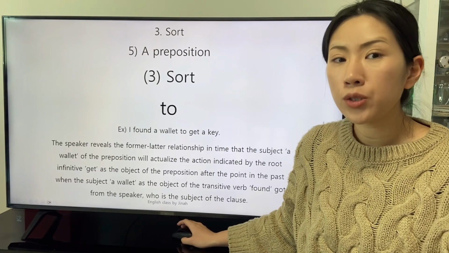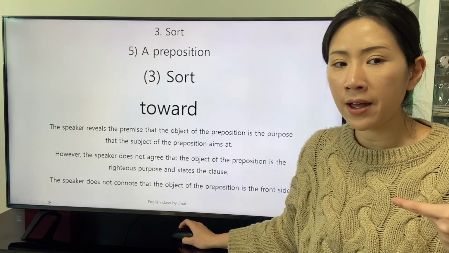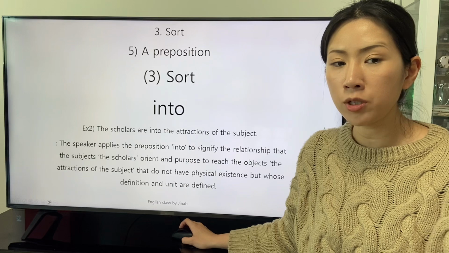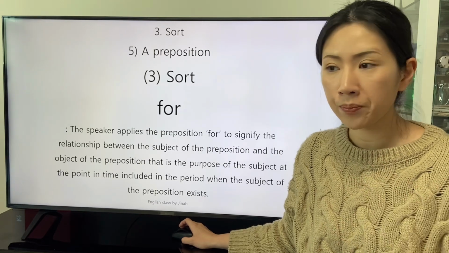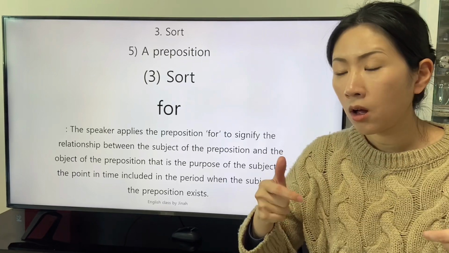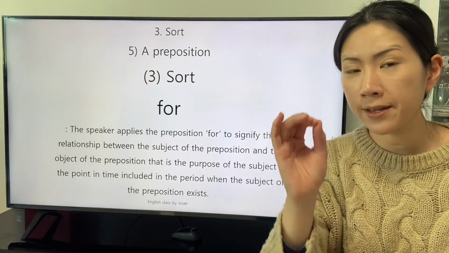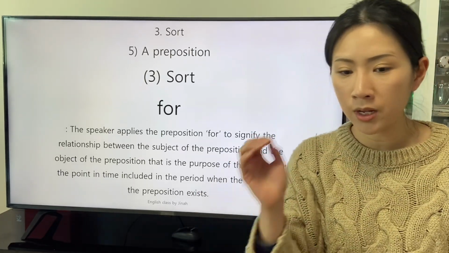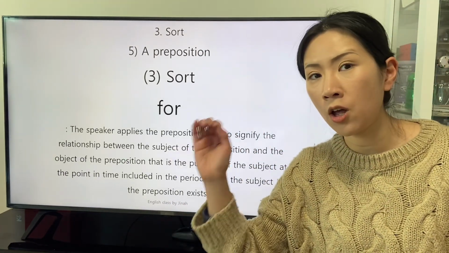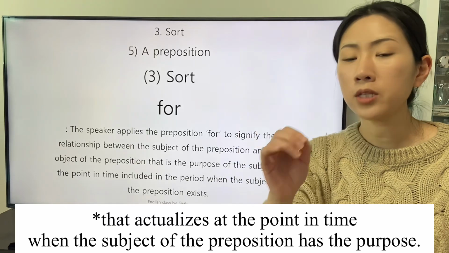The preposition to signifies the purpose of the subject, which is comparable to the preposition for. The preposition for also signifies the relationship between the subject and the object. That is the purpose of the subject.